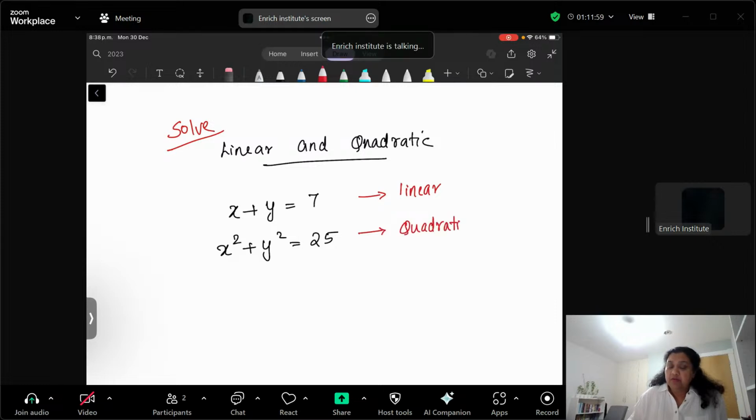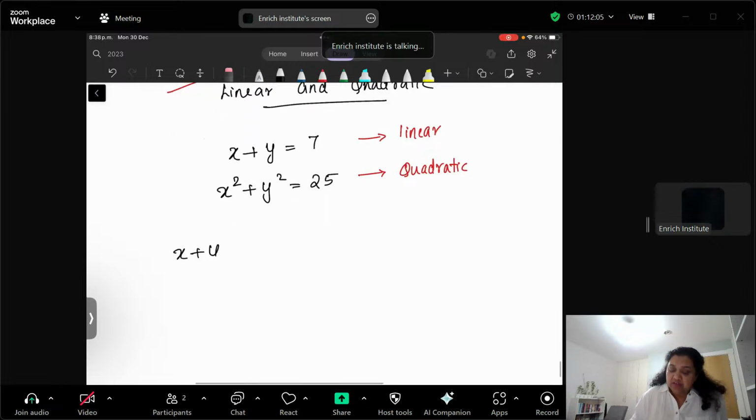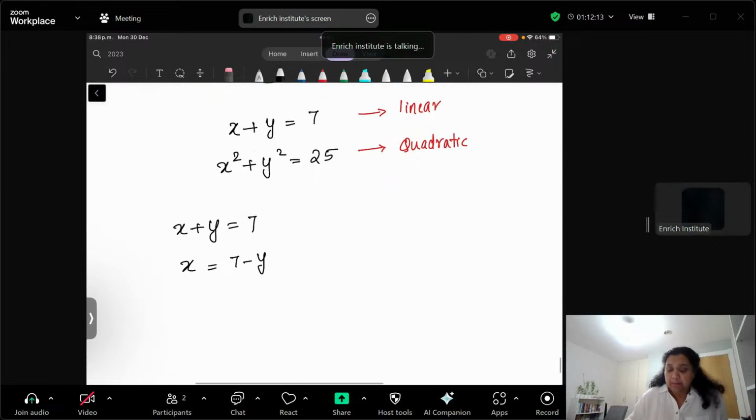So whenever you get such a simultaneous equation, you take the linear equation, x plus y is equal to 7, and isolate one variable, like x is equal to 7 minus y. Then you sub it into the second equation. So instead of x, you put 7 minus y. So that is 7 minus y the whole square plus y square is equal to 25.